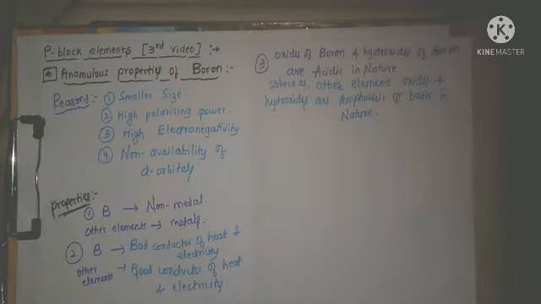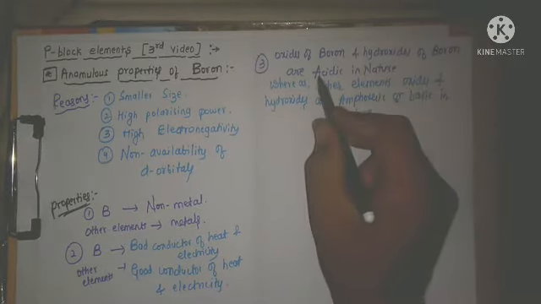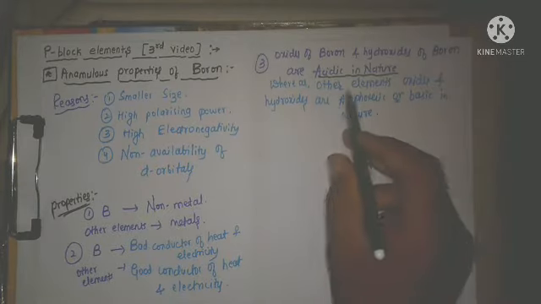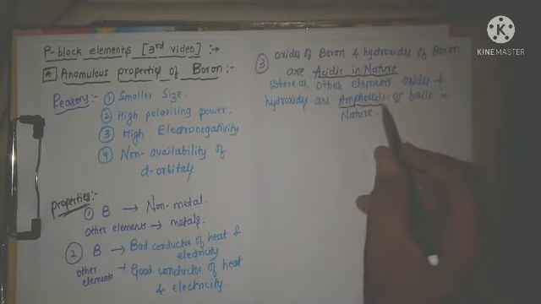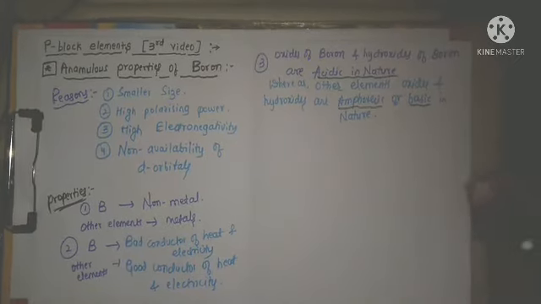Means only the oxides and hydroxides of boron are acidic in nature, whereas other elements' oxides and hydroxides may be amphoteric or basic. This is also one of the different properties of boron compared with the other elements in the same group.